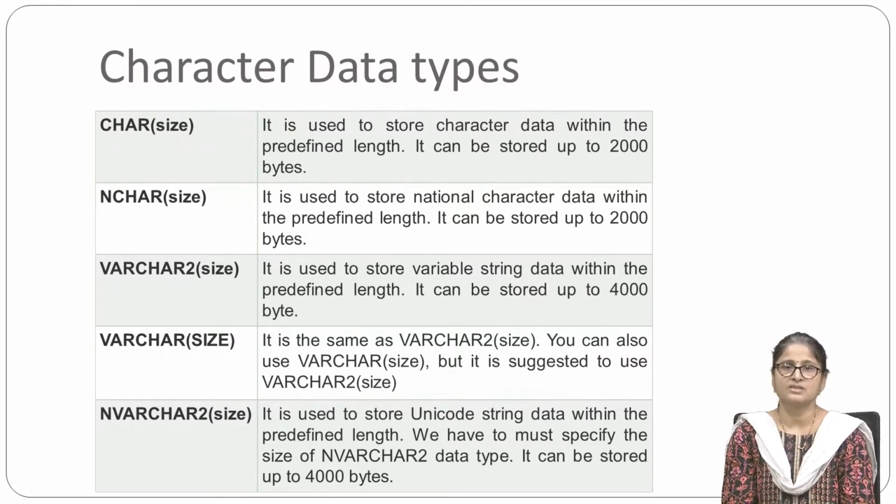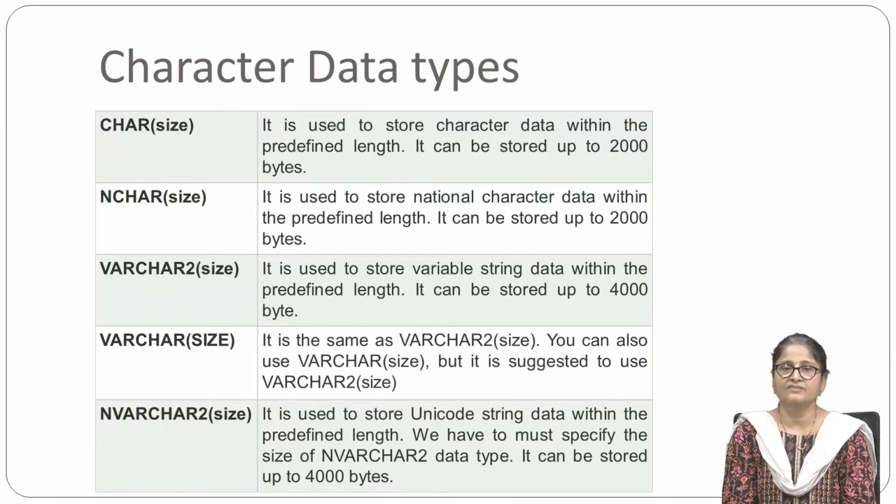Because varchar2 can store variable string data, a smaller string can be held, and a larger string can also be held. So for variable kinds of strings, you have to use varchar2.